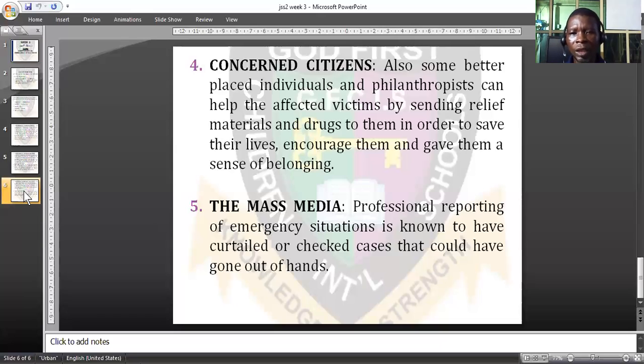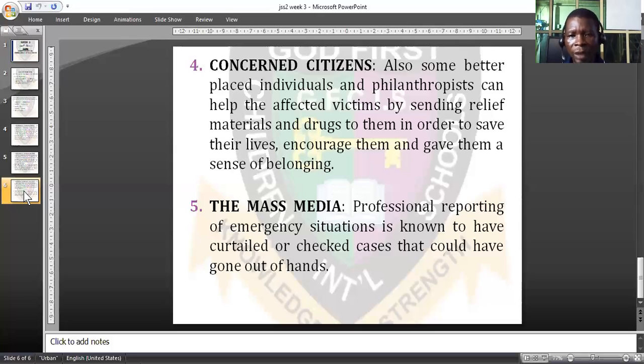These concerned citizens can come in and give them relief materials as well as drugs and food to serve as a palliative measure to cushion the effects that the lockdown is having on them.